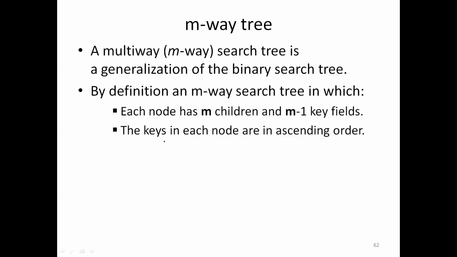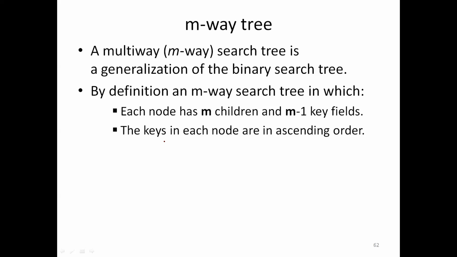For example, I can say that even the binary tree is a multi-way tree. Why? Because the binary tree can have up to two children. I can say the binary tree is a two-way tree, right?